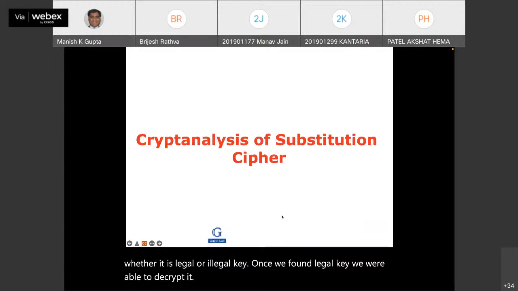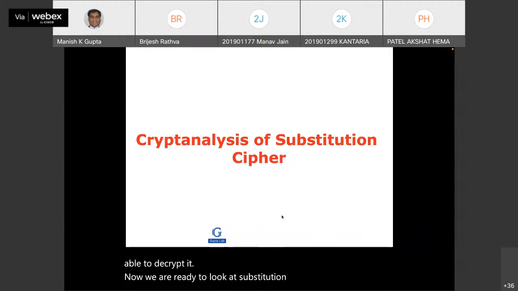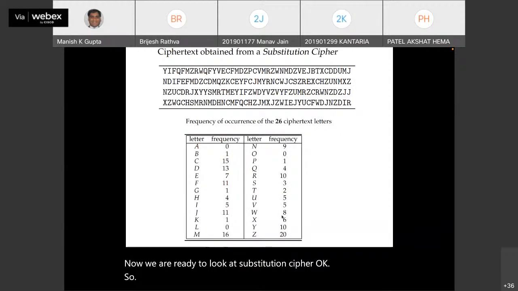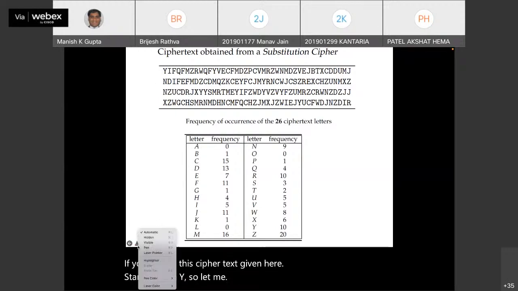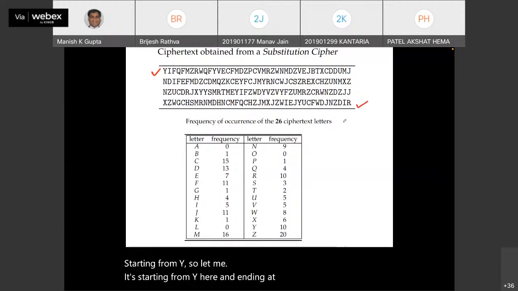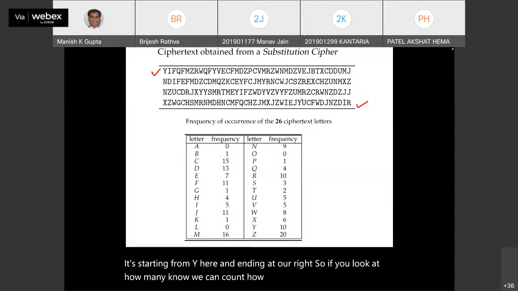Now we are ready to look at substitution cipher. If you look at the ciphertext given here, starting from Y and ending at R, you can count how many characters there are and what the frequency is.